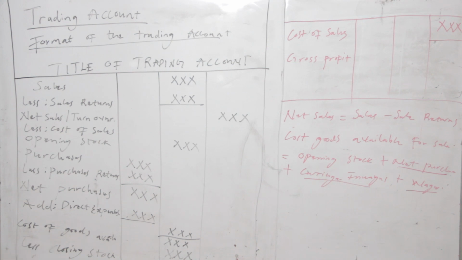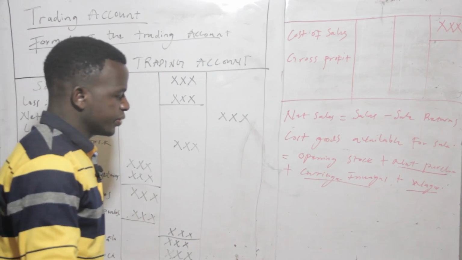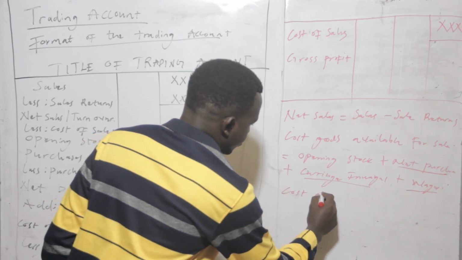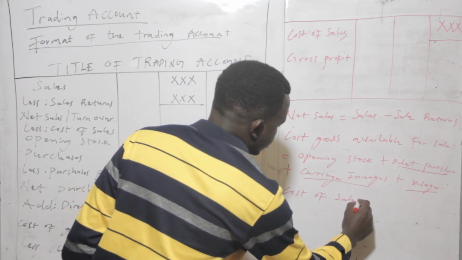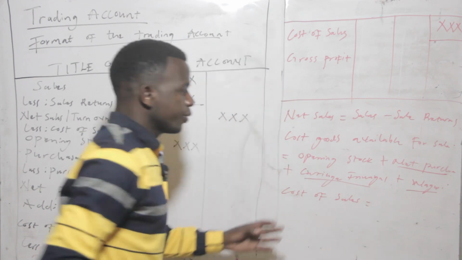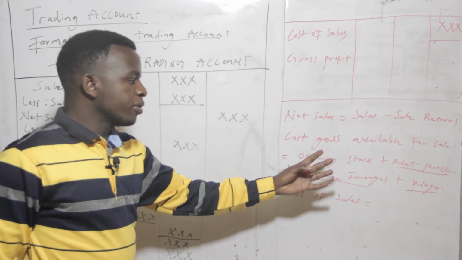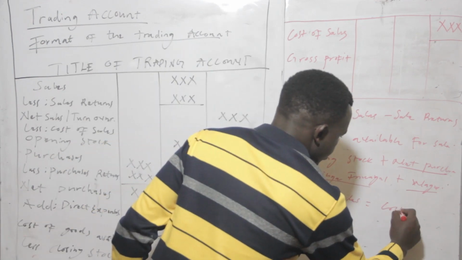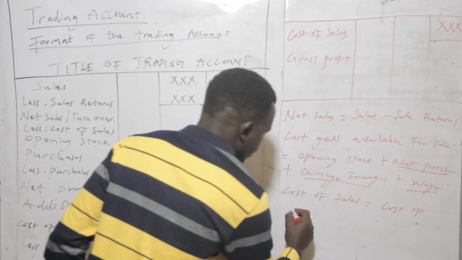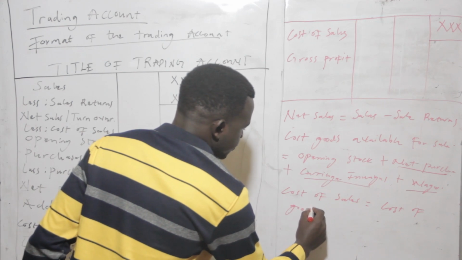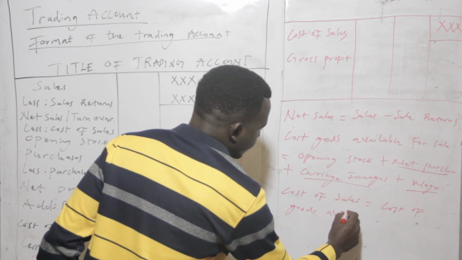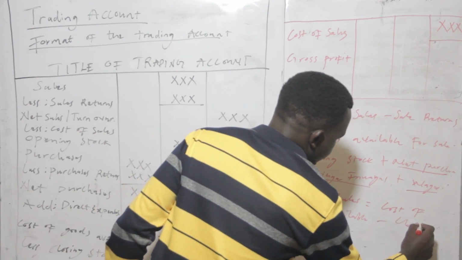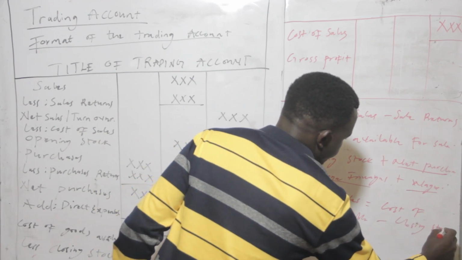Then the other part of the formula that you need to understand, we said cost of sales is equal to cost of goods available less closing stock.